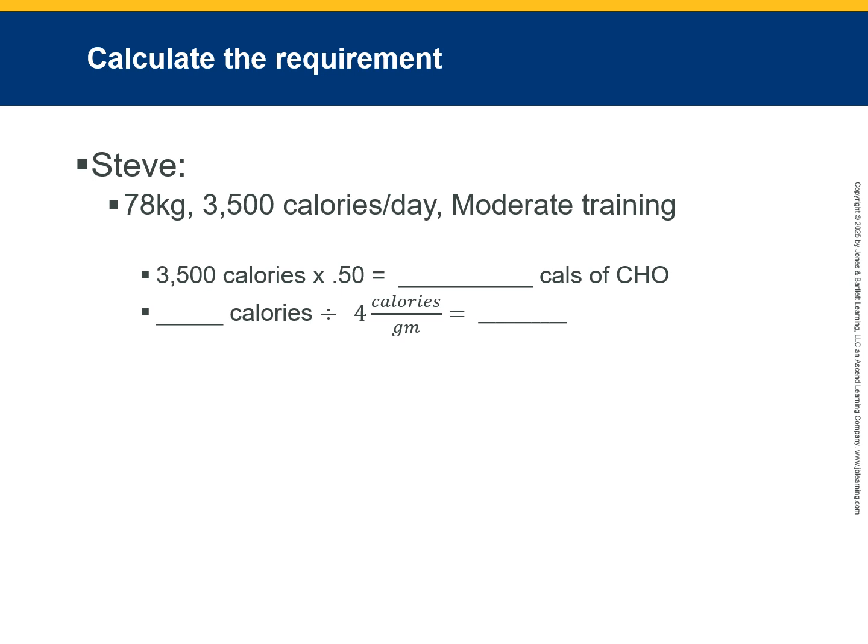So let me say, if we look at that recreational athlete, 50 to 55%, we've calculated his grams to be 438 or 437.5 grams. That's just the bottom level.